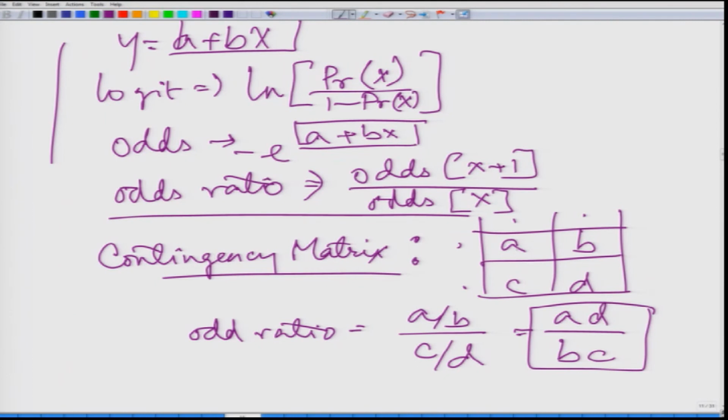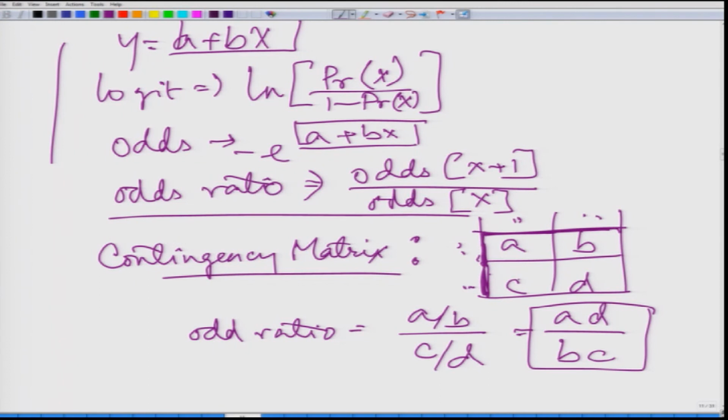Again, this is exposed to a disease, smoking, and this is not exposed, and this is disease yes, disease no. That's smoking, not smoking, cancer, not cancer. For those who are smoking, cancer happening and not happening, that is the ratio A by B, the odds of cancer among those who are smoking.